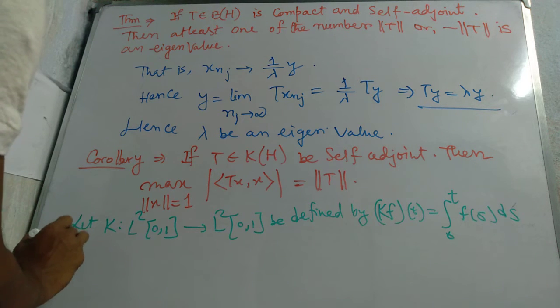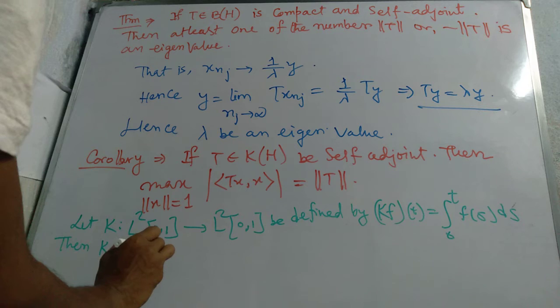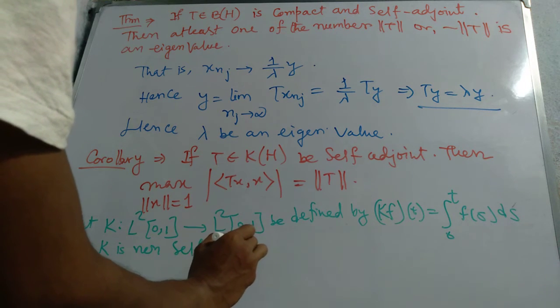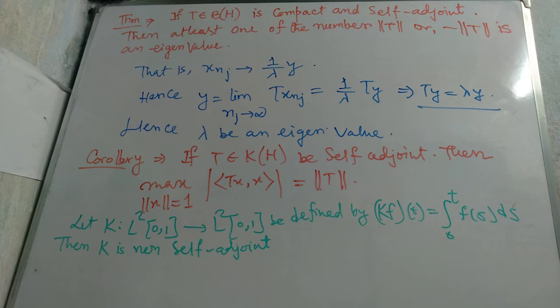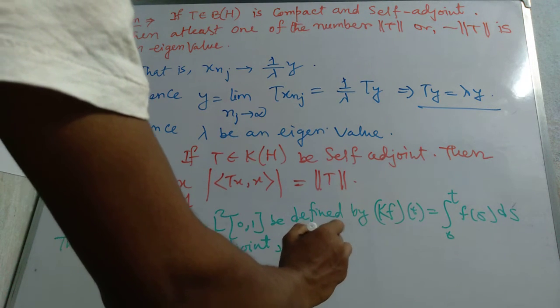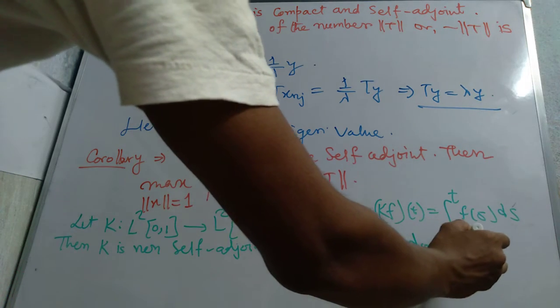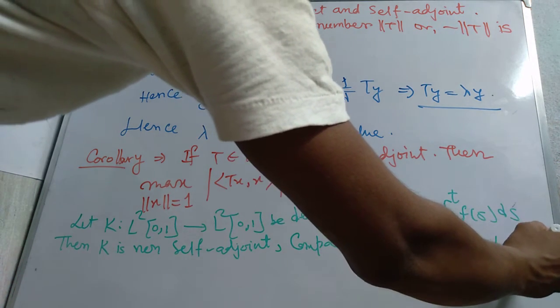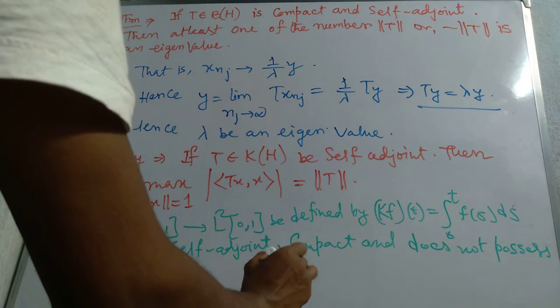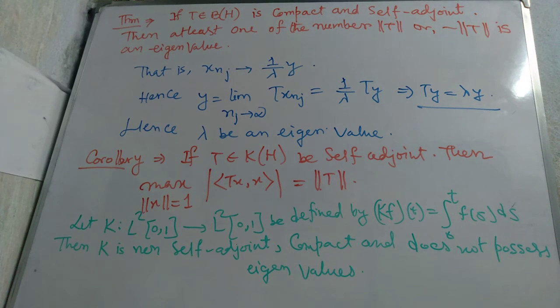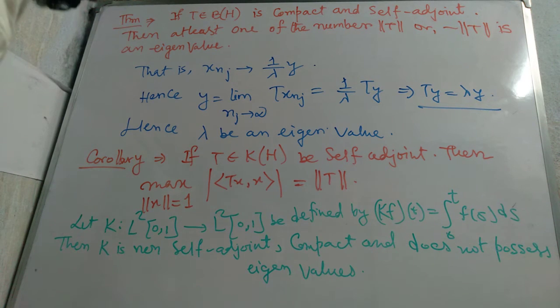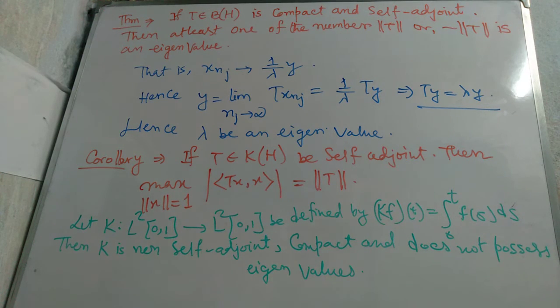Then K is non-self-adjoint, compact, and does not possess eigenvalues. So we also discussed that portion.